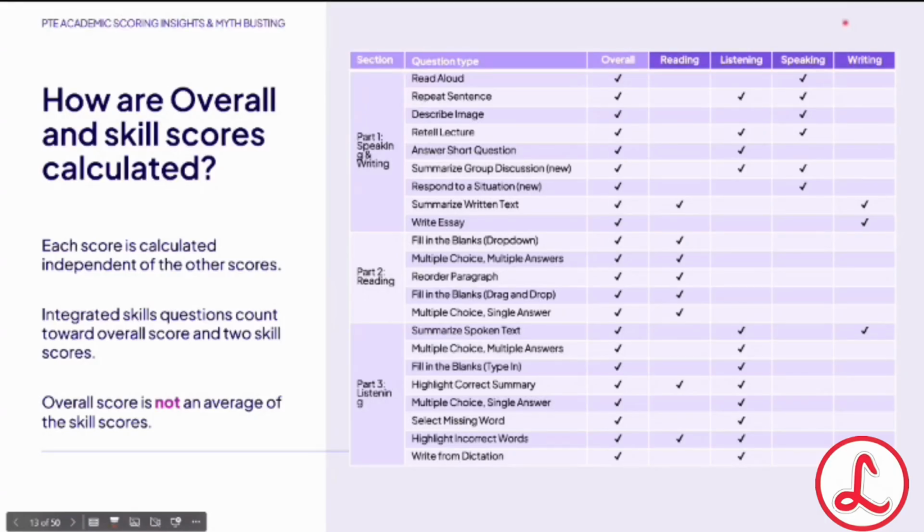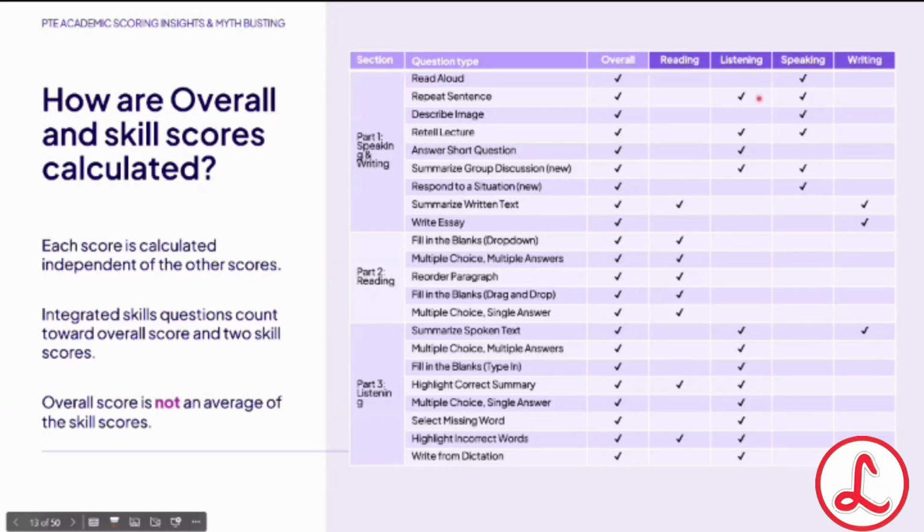And that's because we have integrated skills, and these questions count towards more than one skill score. So if we were just averaging up the 4 skill scores, those questions would be double counted in our averaging, right? Because you'd be averaging listening scores with speaking scores, and they both already have this repeat sentence question as part of their calculation.